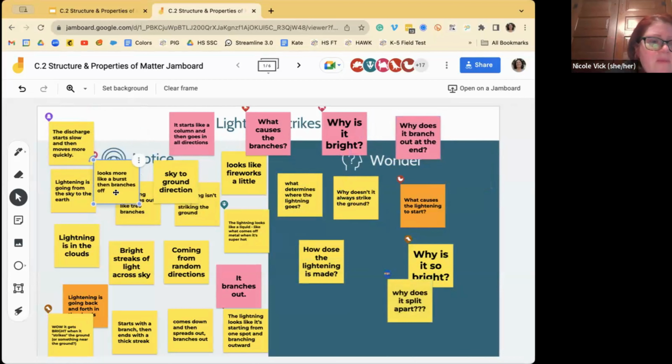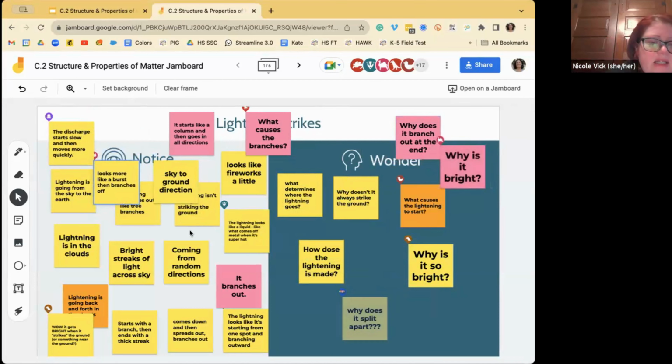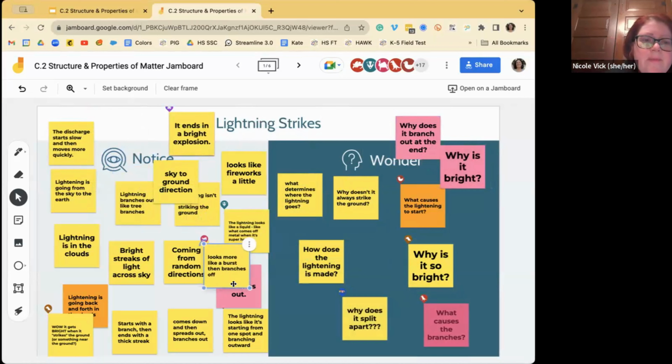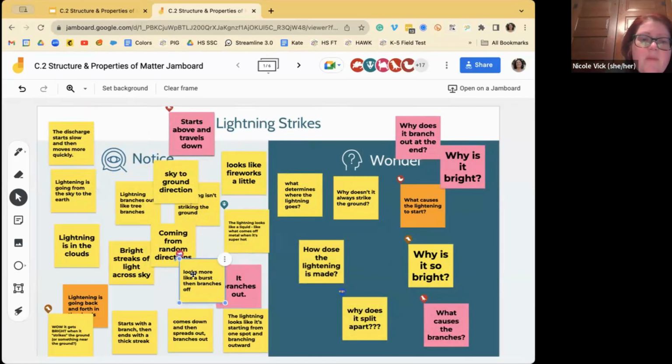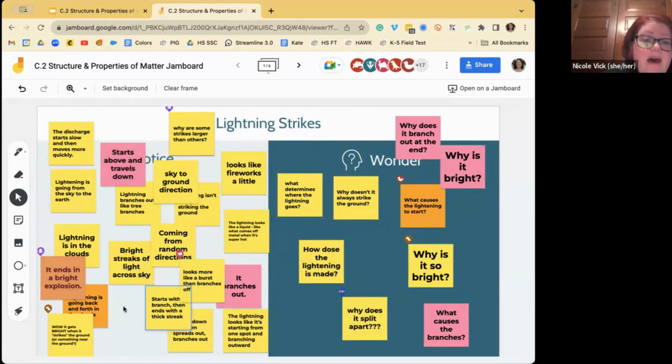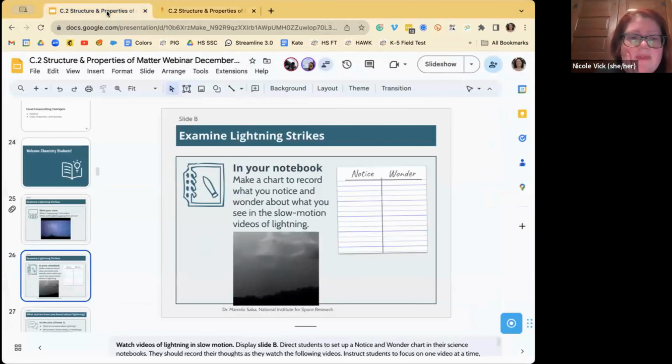We're seeing it from more directions, from the sky to the ground. And then some of our wonderings are, like, why is it bright? Why is it splitting apart? Why is the branching happening? Why doesn't it just stay on the ground? So lots of great wonderings here. Let's go ahead to our next slide here.